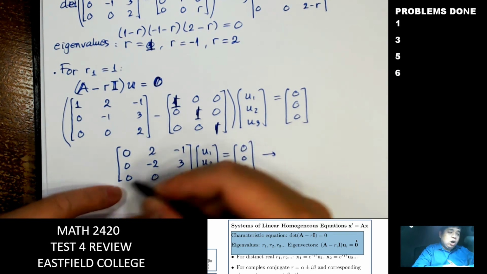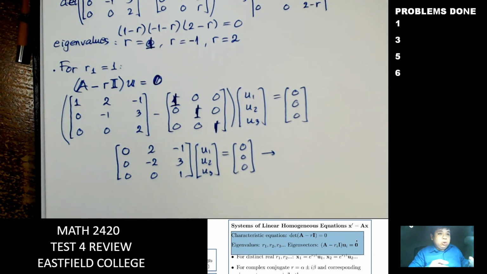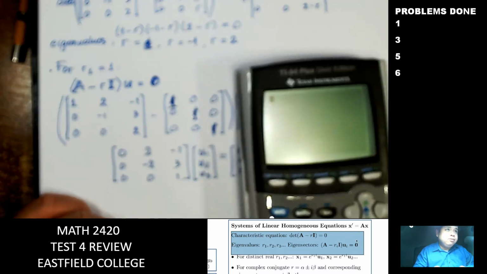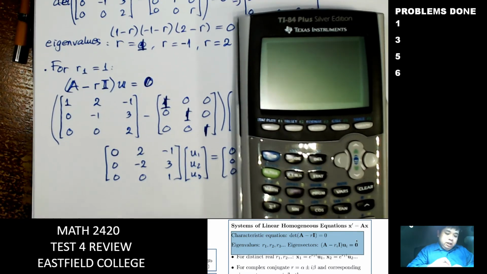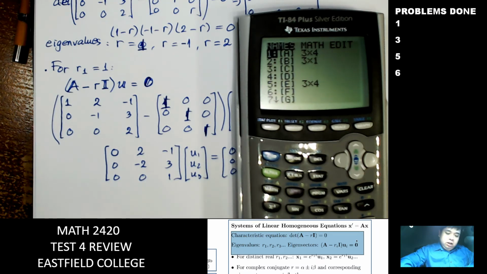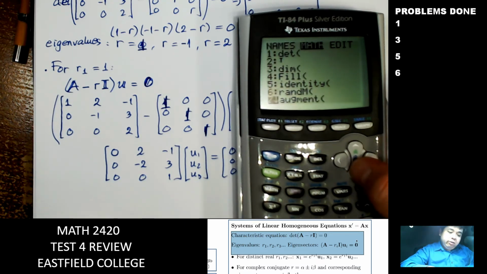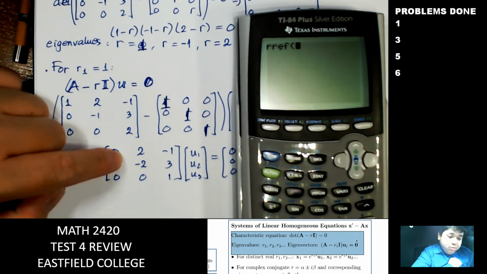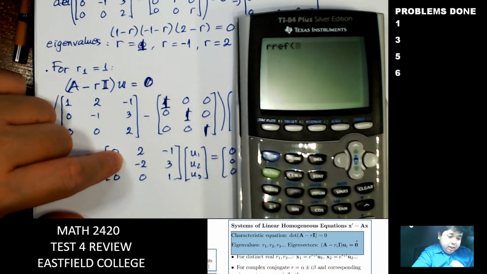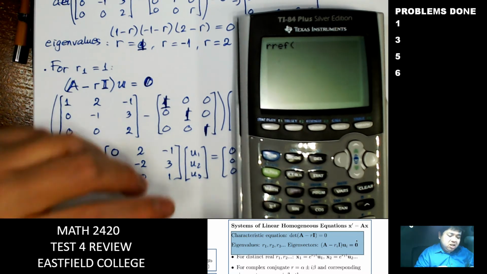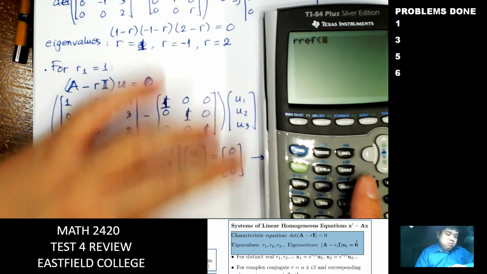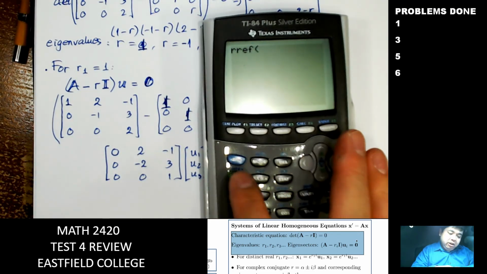Usually to solve this, use the reduced row echelon form of the matrix. Go to math for the reduced row echelon form. Now I'm going to put in this matrix. Usually it's 3 by 4, but since the right side is 0, it doesn't matter what we do, we always end up with 0 anyway. So I only need the matrix.